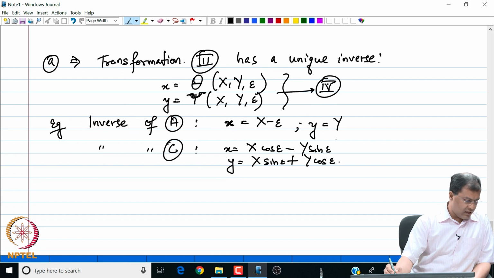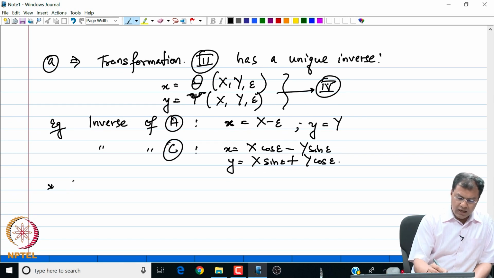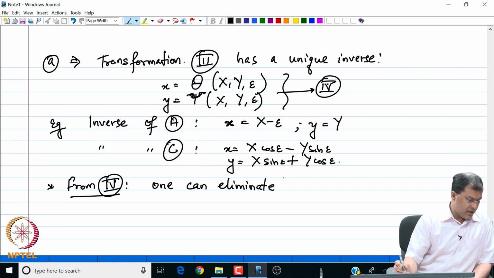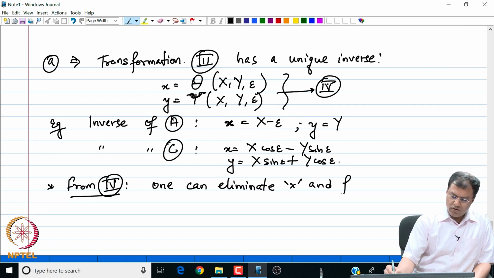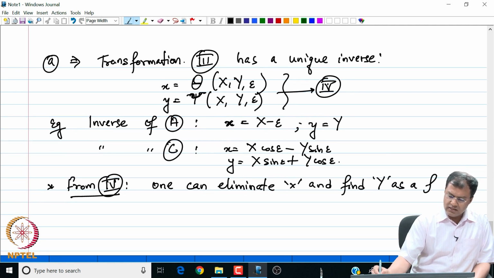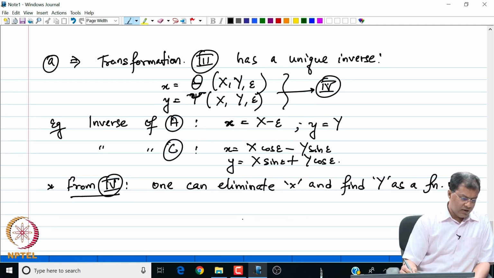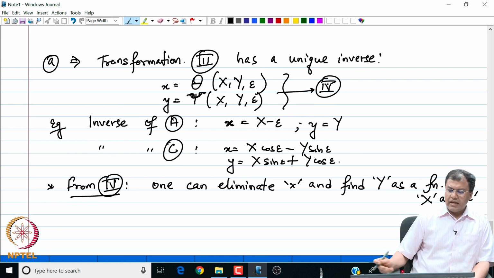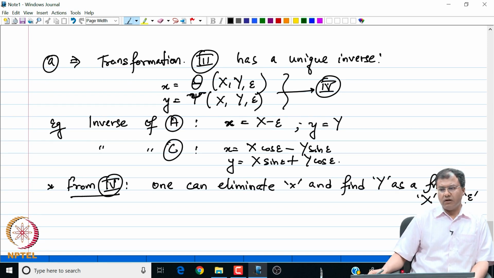So, what I am saying is, from my inverse relation 4, one can eliminate x and find y as a function of X and epsilon.